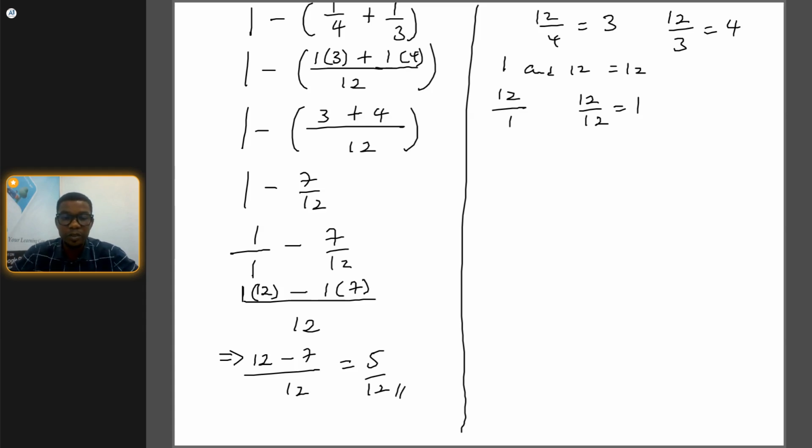If there are any questions on this application, please let me know in the chat box. Is it clear to everyone? Is application 2 clear to us? If yes, type yes inside the chat box.